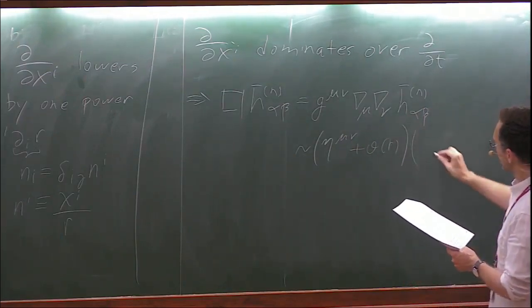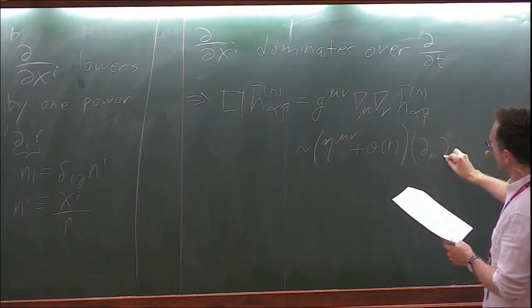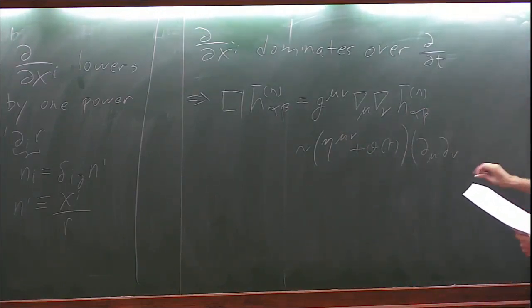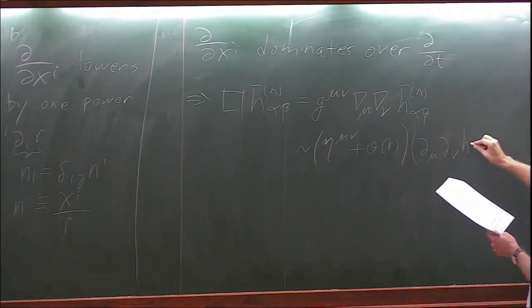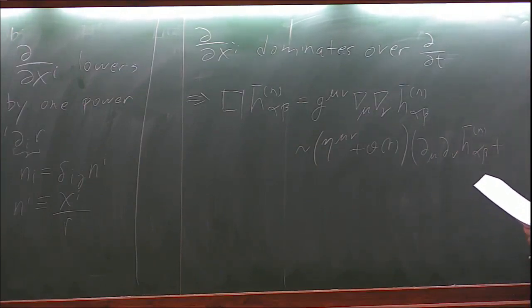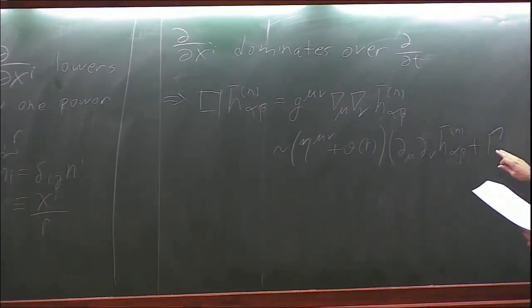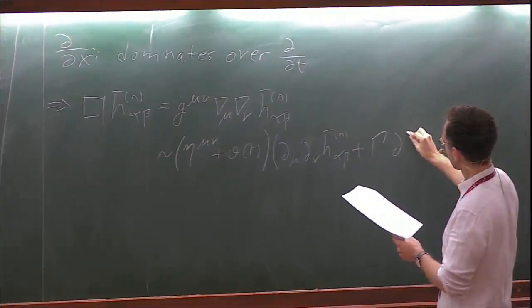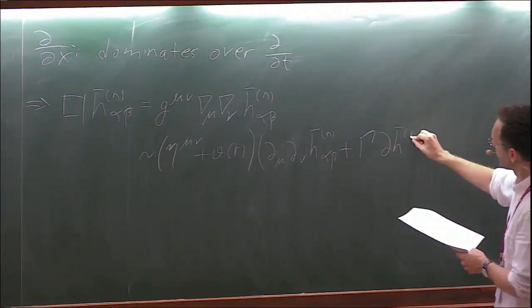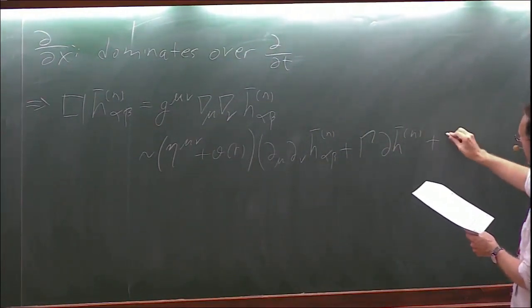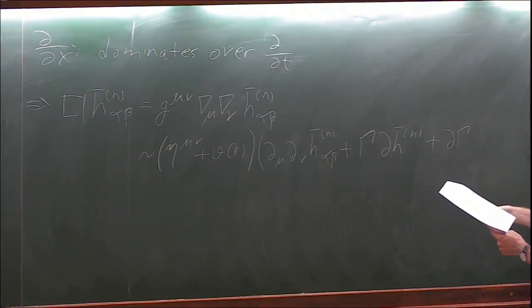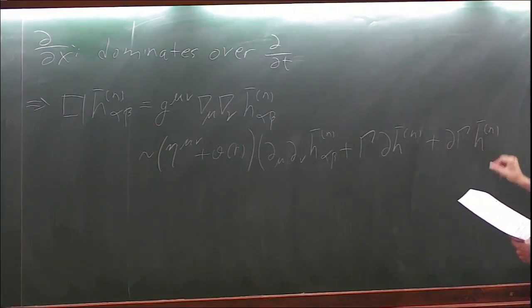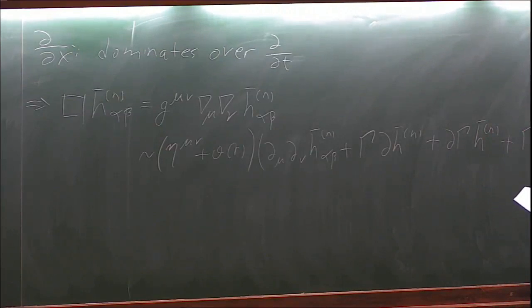These derivatives, well, you have things that are like just two partial derivatives acting on h bar n. And then you have things that are Christoffel symbols. So these are Christoffel symbols of the background spacetime in our local coordinates, times partial derivatives. And then you have derivatives of the Christoffel symbols times h bar. And finally, you'll have things that are products of Christoffel symbols.